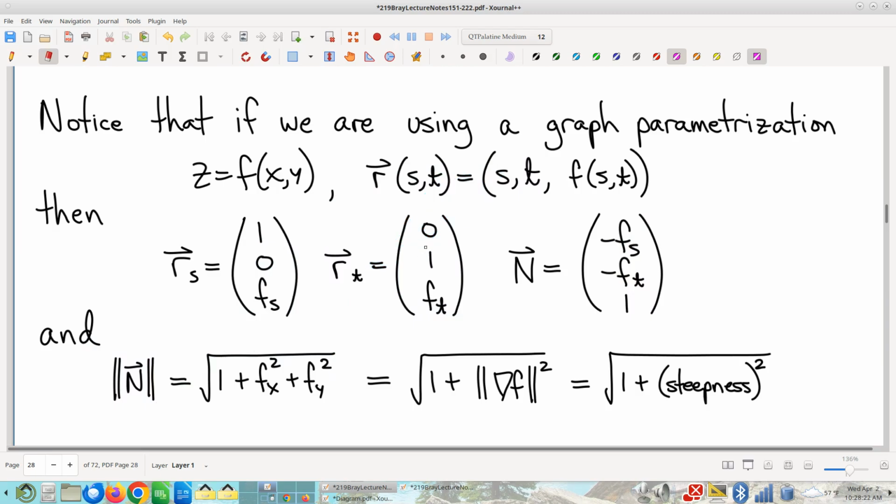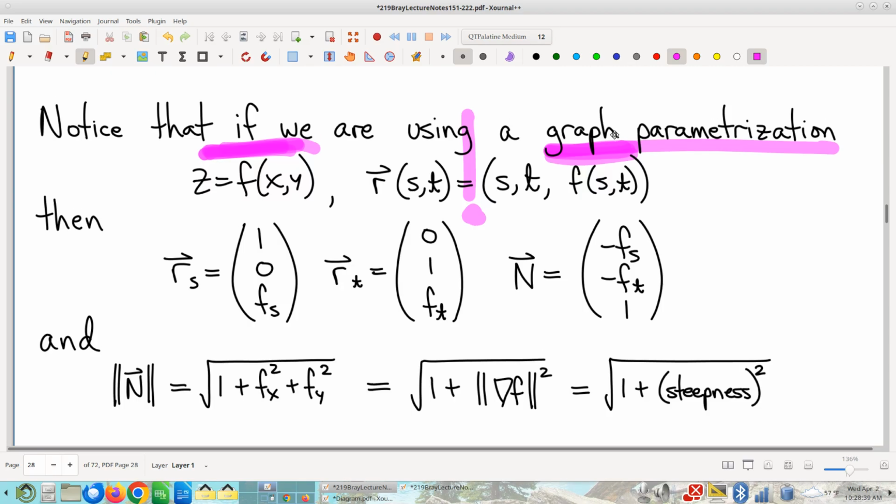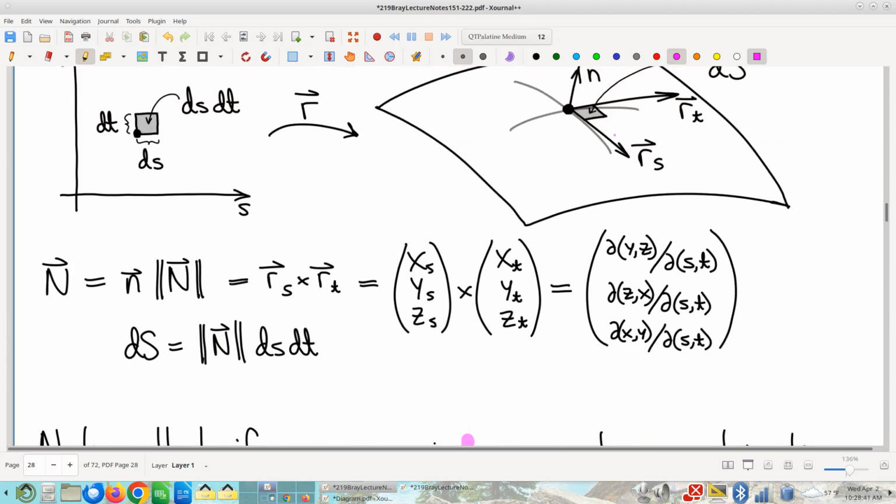Important asterisk. This only works if, big if, right? You gotta be super careful with this. You are using specifically the graph parameterization, and again, I emphasize rectangular graph parameterization. I am not saying that this is an acceptable alternative to the general formula, right? The general formula that N is computed by that formula, and the stretching factor is the magnitude of capital N. That's the general formula.